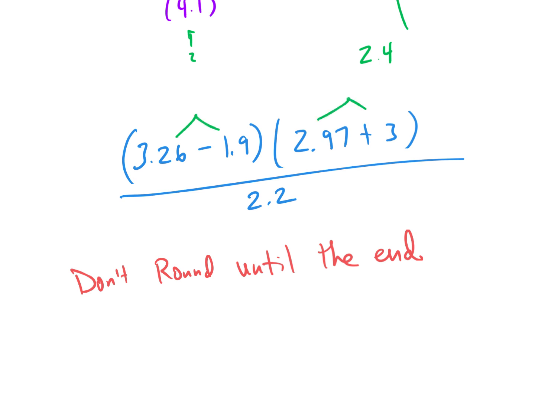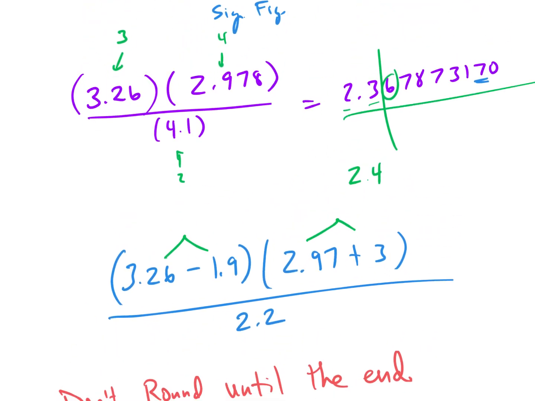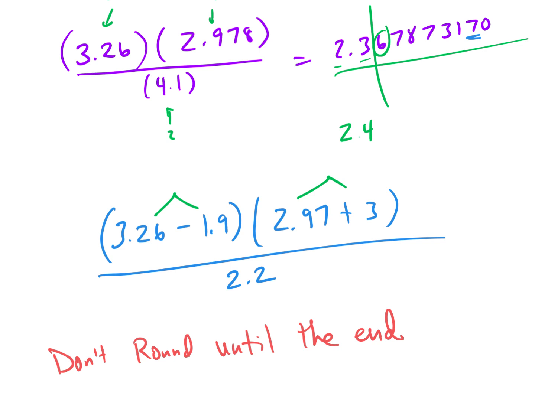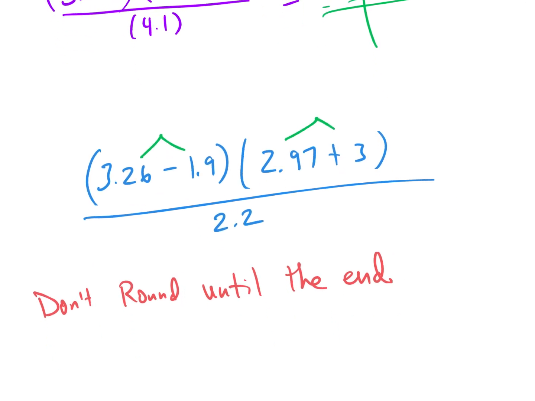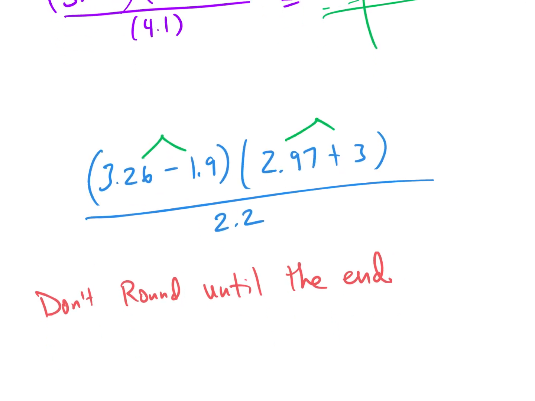All right, so what does order of operations tell us to do? Parentheses first, right? So we're going to do both of those. I'm not going to round at all. I'm going to do just like you did over here. I'm going to write the whole thing. 3.26 minus 1.9, what do I get? 1.36, without rounding.